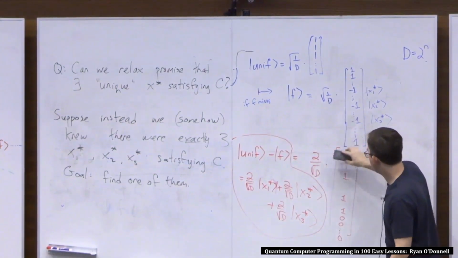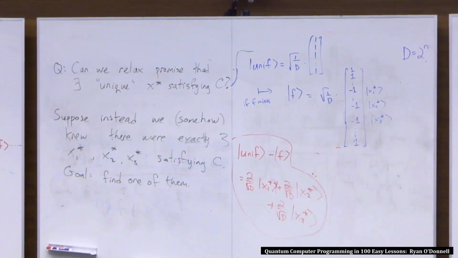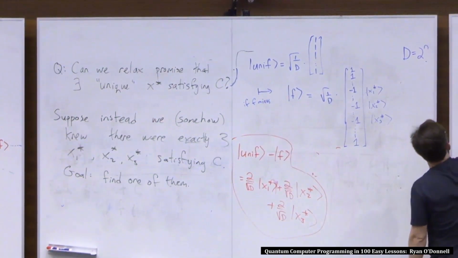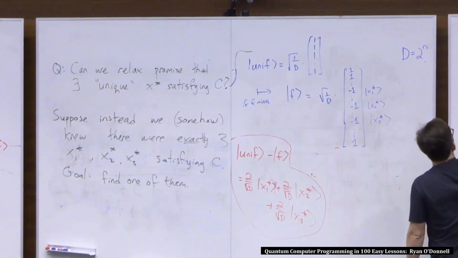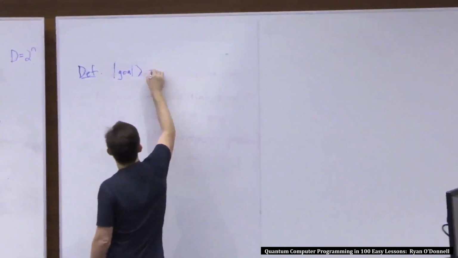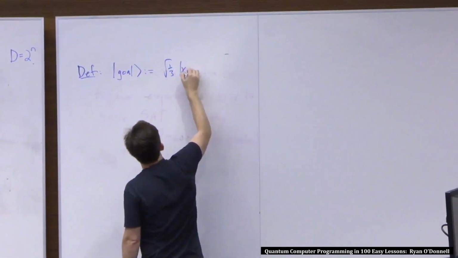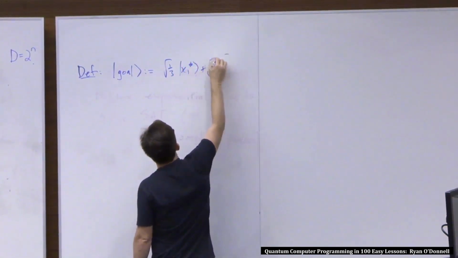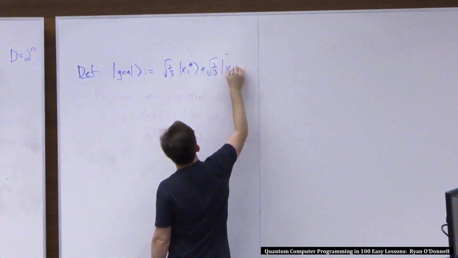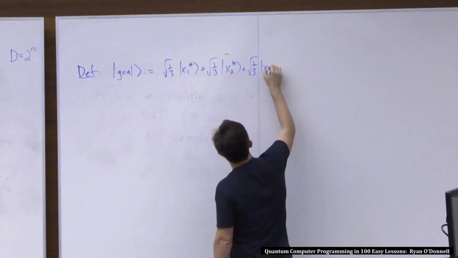So it's going to be just like a scaled up version of this vector. I'm going to erase this because it kind of looks confusing. And I'm going to give it the suggestive name of ket goal, for reasons we'll see in a moment. And that's just going to be square root of a third ket x1 star plus square root of a third ket x2 star plus square root of a third ket x3 star.